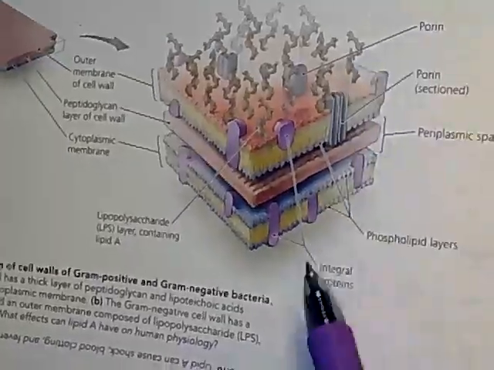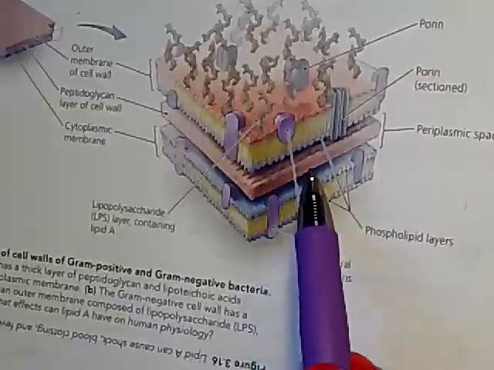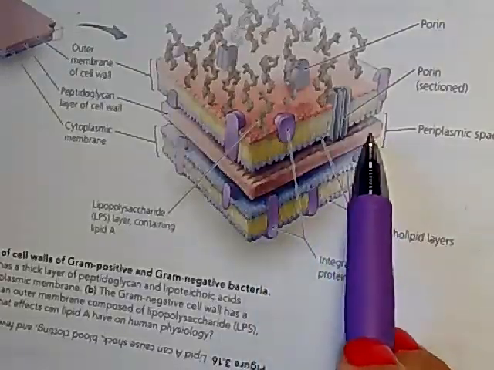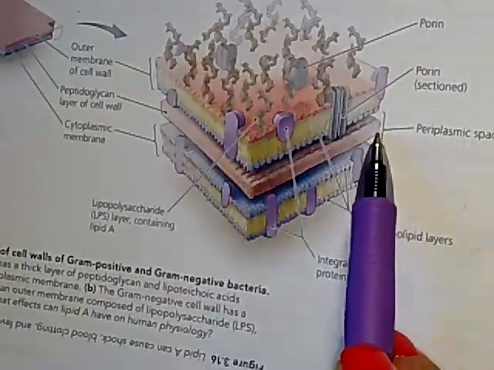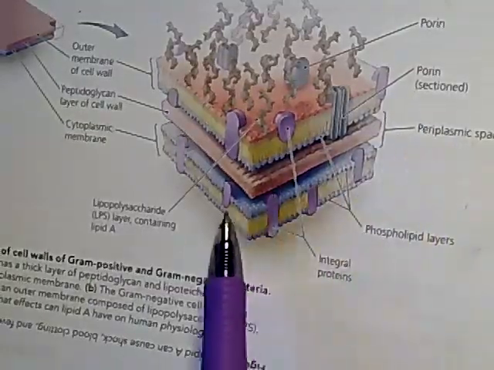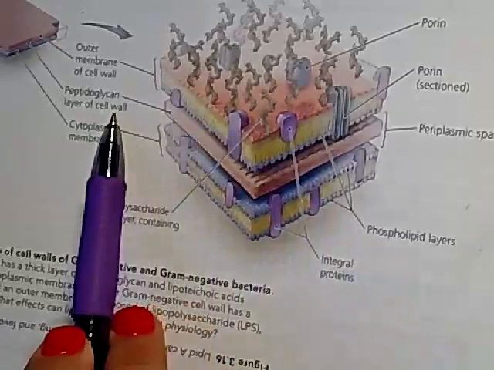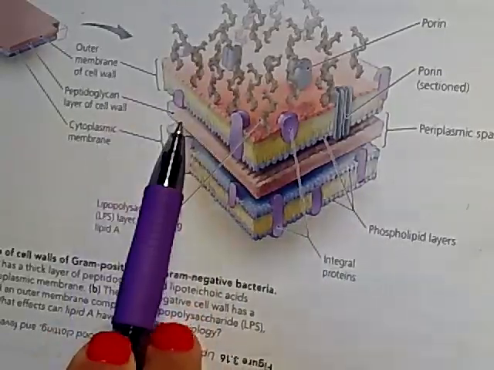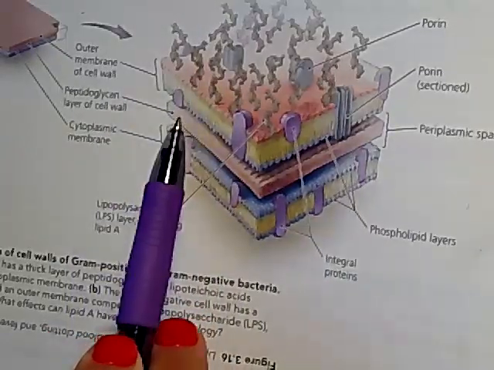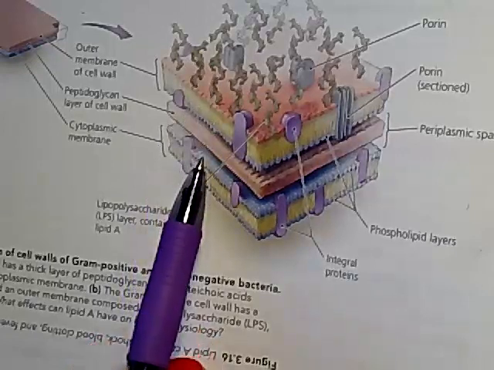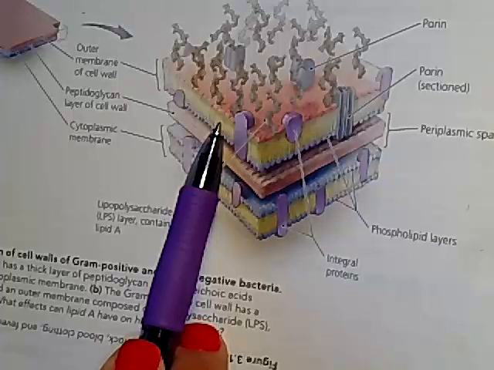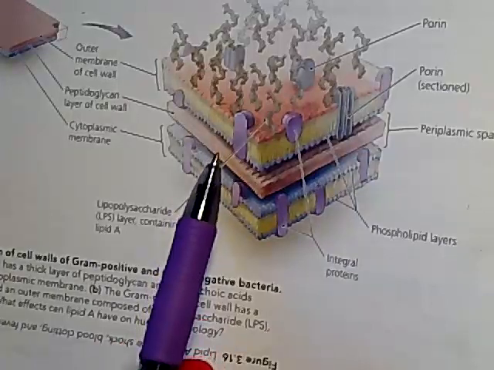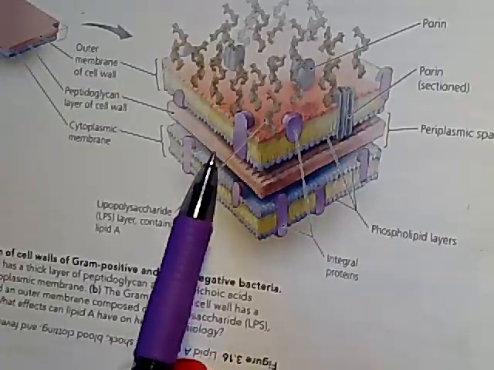Now we're going to look at the gram-negative. Very thin layer of peptidoglycan right here. That is it. See where it says peptidoglycan? There it is. Peptidoglycan layer of cell wall. Right there. Now, we're going to have a membrane that's normal. And then we're going to have an outer membrane that goes around the outside of our cell wall.